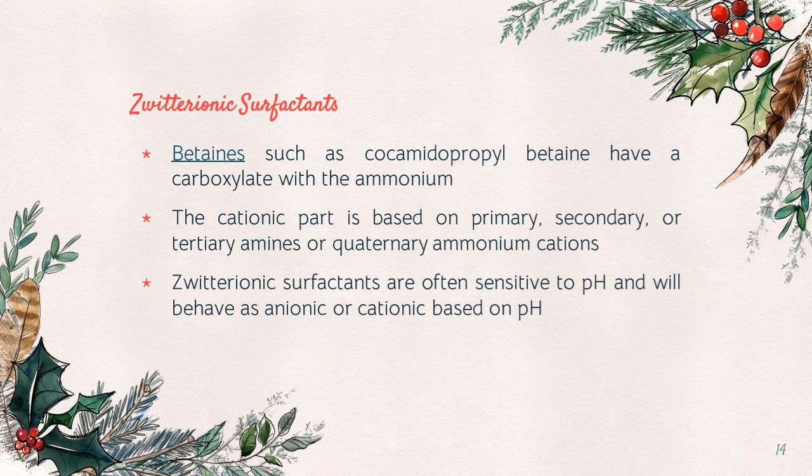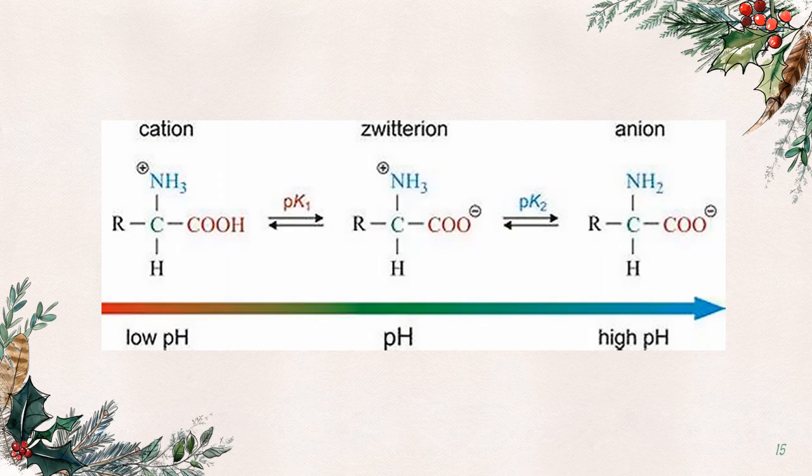Zwitterionic surfactants are often sensitive to pH, and they behave as anionic or cationic based upon the pH of the environment where we are utilizing them. This is the final picture which shows the action of a zwitterion. At lower pH it behaves as a cation, and at higher pH it behaves as an anion.